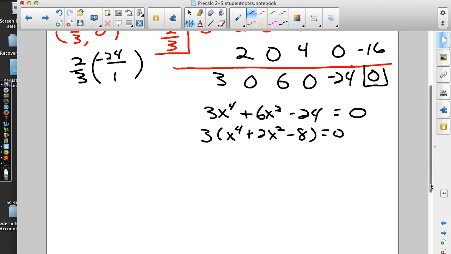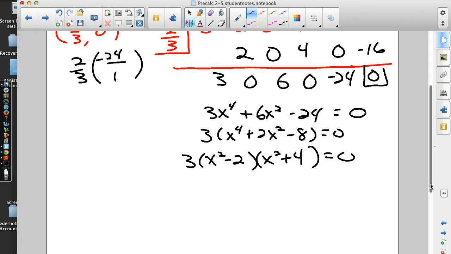Now, a little awkward, but it's not a perfect square trinomial. I know that because there's a negative 8 in the back. I have to have x squared times x squared to give me x to the 4th. But do we know of two numbers that multiply to negative 8 and add to 2? Negative 2 and 4.